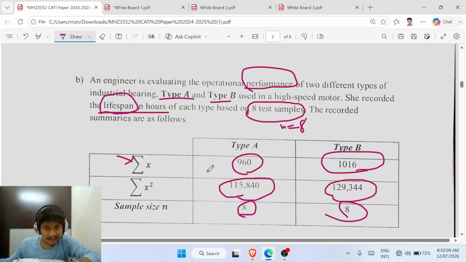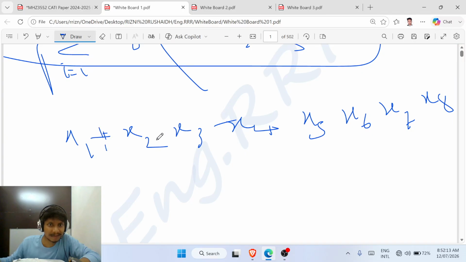Sigma x is nothing but x1 plus x2 plus x3 plus x4 plus x5 plus x6 plus x7 plus x8.